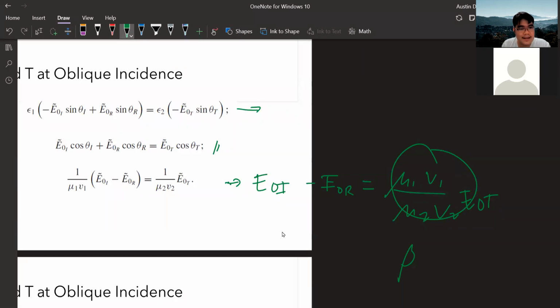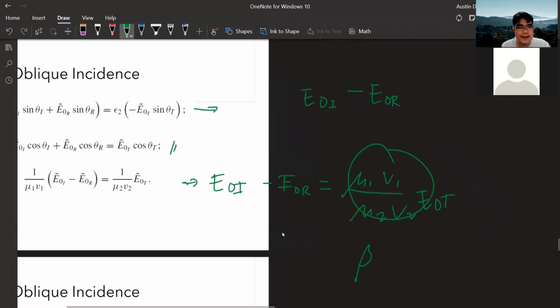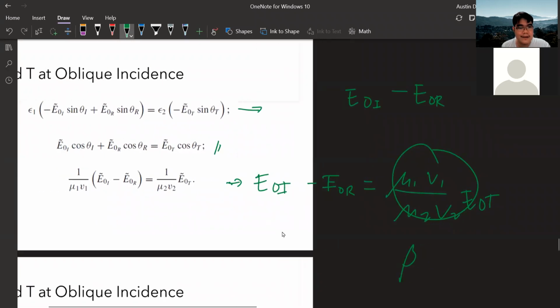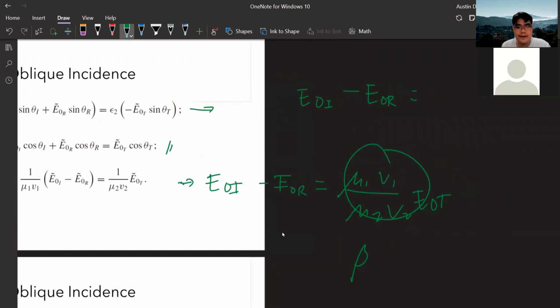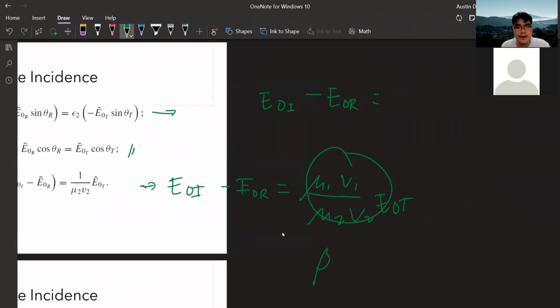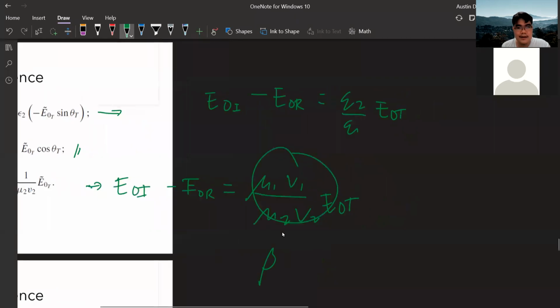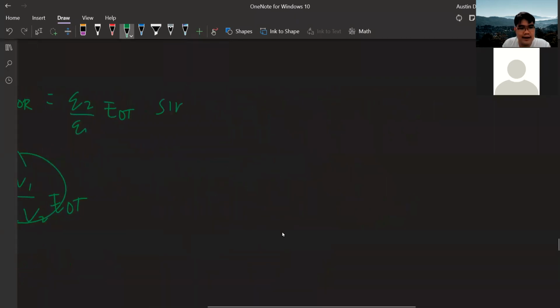Therefore, sin theta I and sin theta R is equal, kasi dahil sa law of reflection. Therefore I have minus E naught R. Hindi ko muna sinusulat yung mga tilde, guys, para mas madali buhay natin. And then, must be equal to epsilon 2 divided by epsilon 1 E naught T sin theta T over sin theta I. Okay?